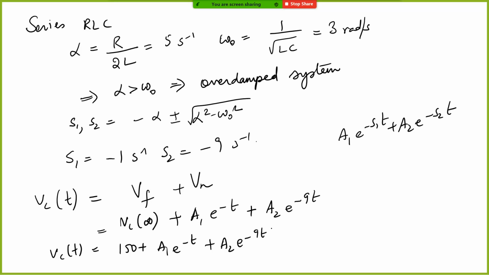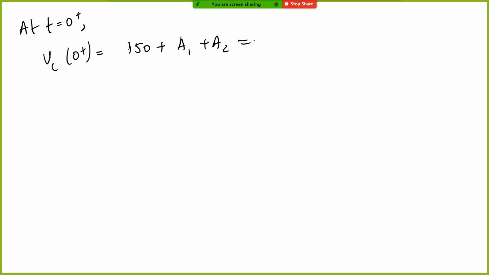We only need to figure out a1 and a2, so we apply the initial condition. At t equal to 0 plus, Vc of 0 plus is equal to 150 plus a1 plus a2. What is Vc of 0 plus?